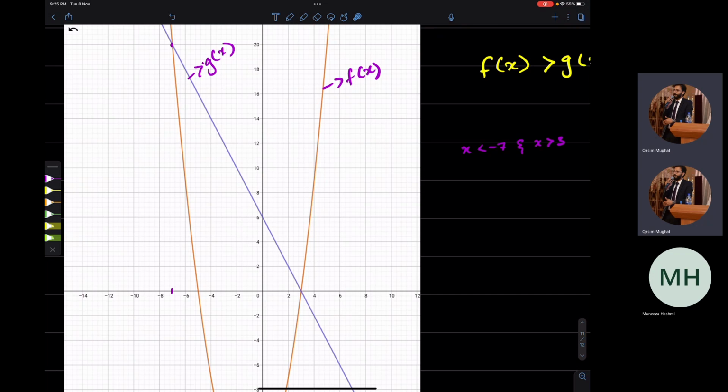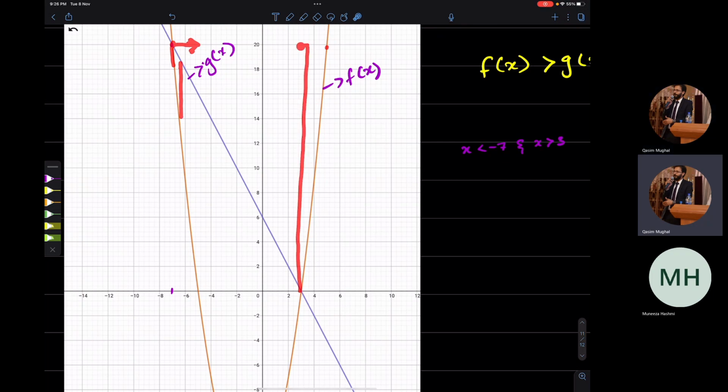Okay, for example, if the examiner would have said that f of x is less than g of x, we would have been looking for the values of x for which the orange curve is below the blue line. So the points after this, it would have been x is more than -7 up till here. This is the region where the orange line stays below the blue line.